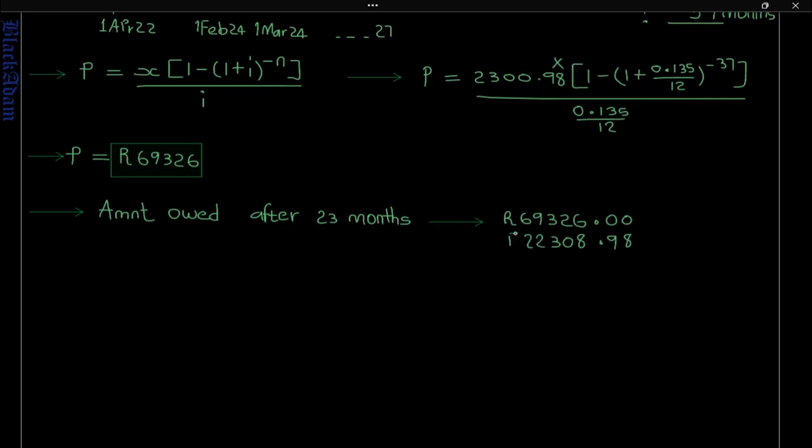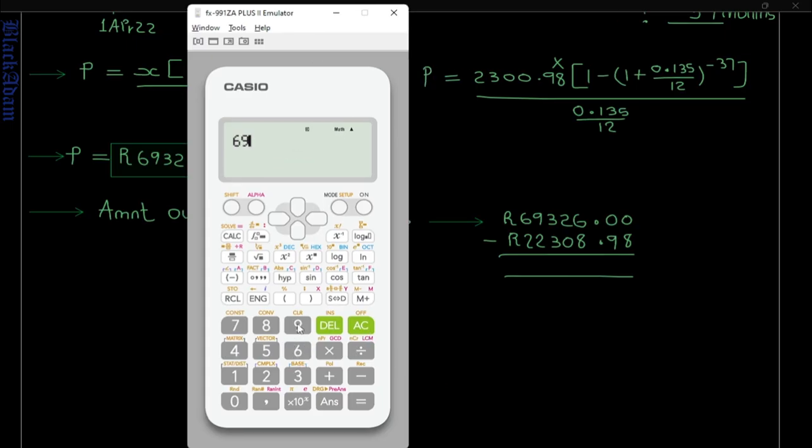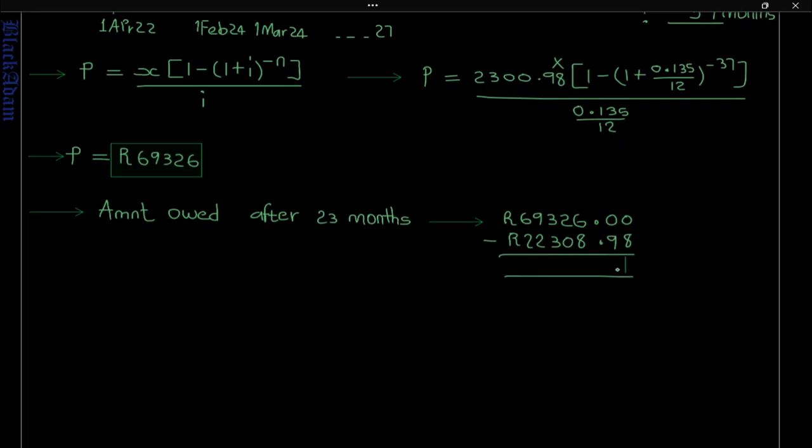We subtract that from 69,326. So what is our answer? Using a calculator once again, 69,326.00 minus 22,308.98 gives us 47,000. So the outstanding amount is going to be 47,000.